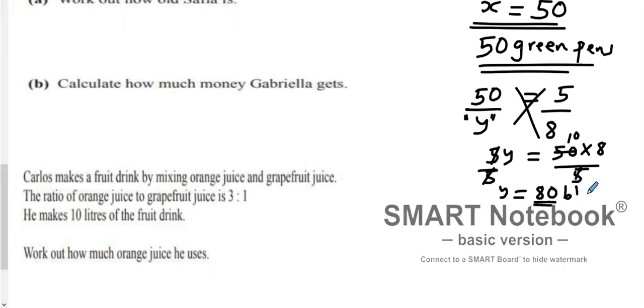These are black pens. So you can see how the answer is correct. So the number of black pens equals 80. Okay, I hope that helps.